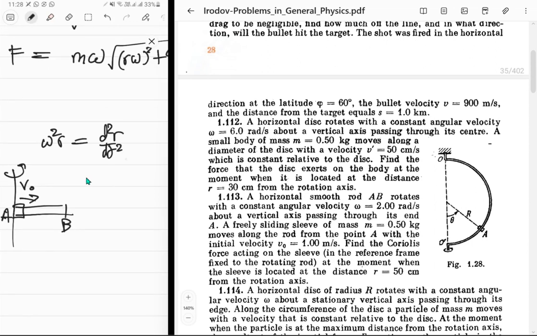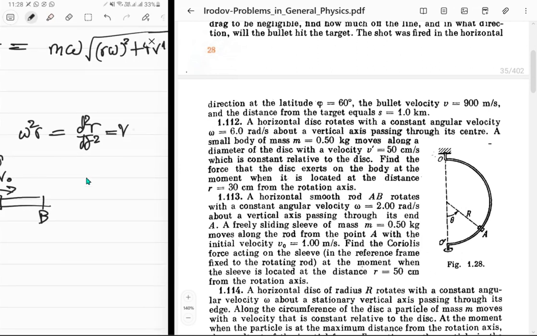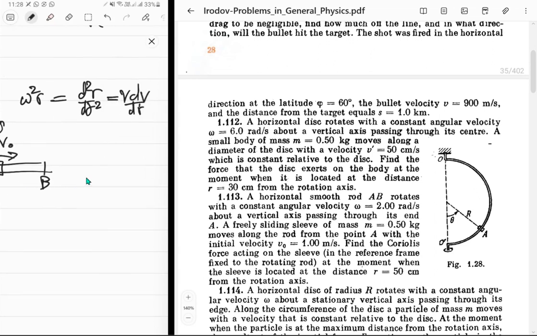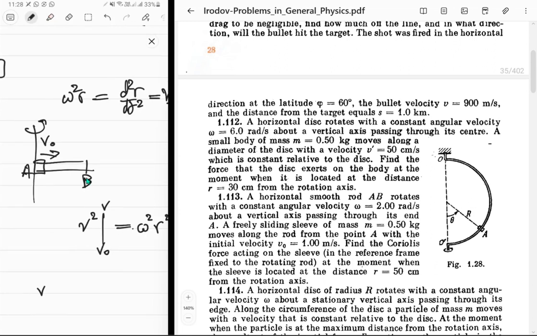Or you can just go with v dv upon dr. So v squared upon 2, as it goes from v naught to whatever velocity it has, is equal to omega squared r squared upon 2, and we can get rid of the 2's. Since r initially was 0, that's why it's r squared. So v squared minus v naught squared is equal to omega squared r squared.